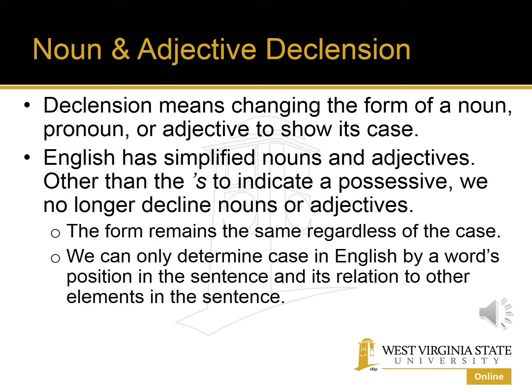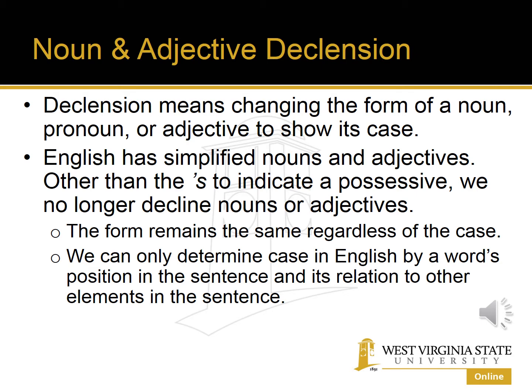That's conjugation. Declension applies only to nouns, pronouns, and adjectives. When we decline a noun, a pronoun, or an adjective, that means that we're changing the form of the noun, pronoun, or adjective to show its case.